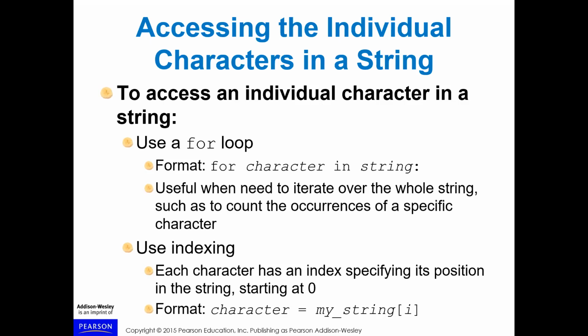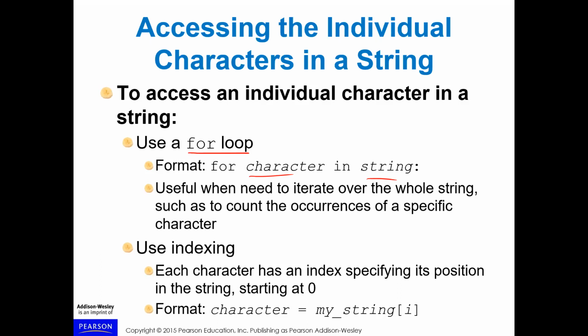There are other ways to access an individual character in a string, but we can use the for loop. So we can, for instance, do for character in string, just like we've done many times before. This will allow us to get characters of a string. It's useful when you need to iterate over the whole string, such as to count the occurrences of a specific character, right? You want to find how many vowels or how many consonants or how many R's or S's, etc., are in a sentence, paragraph, etc.